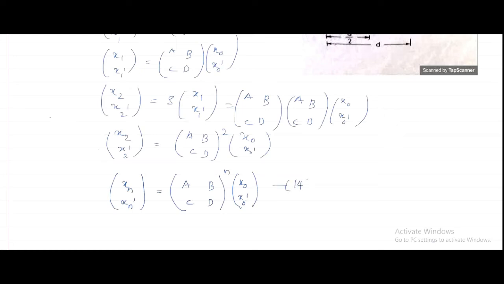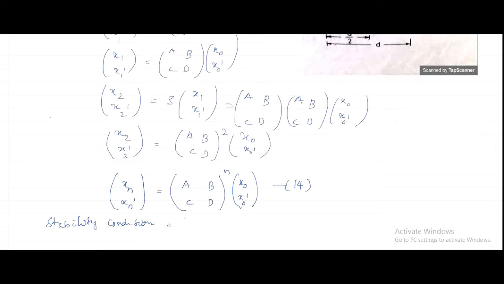That is equation number 14. For the resonator to be stable, the ray starting with coordinates x0, x0 dash should not diverge after n traversals. That is, the coordinates xn, xn dash should remain bounded even if n increases.